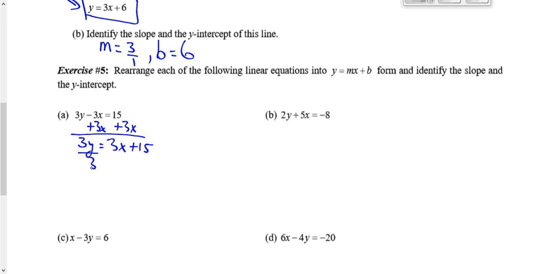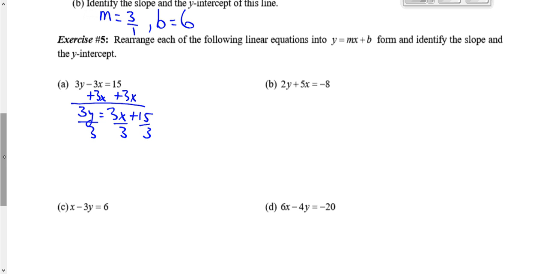Divide, and I'm going to do it a little bit differently, every single term by what? 3. And what are we left with? y equals x plus 5. Okay? What's the slope? 1. And what is the y-intercept? 5. Okay, you get the idea?